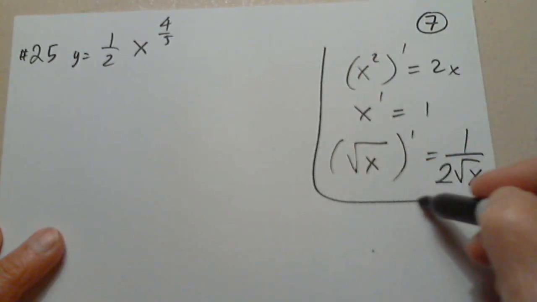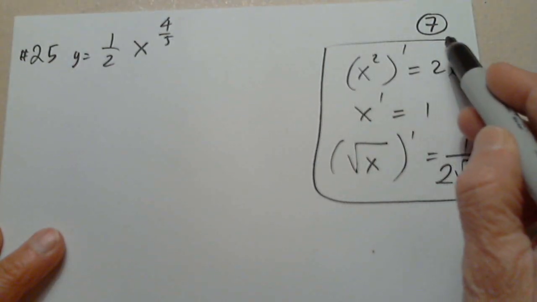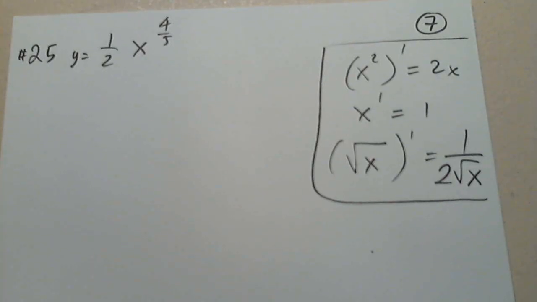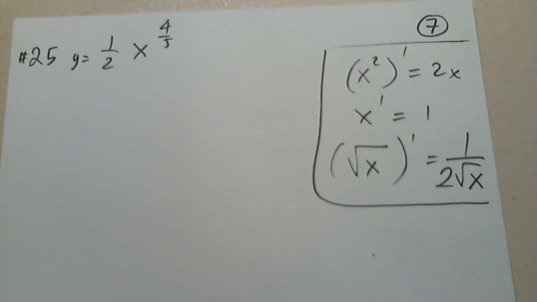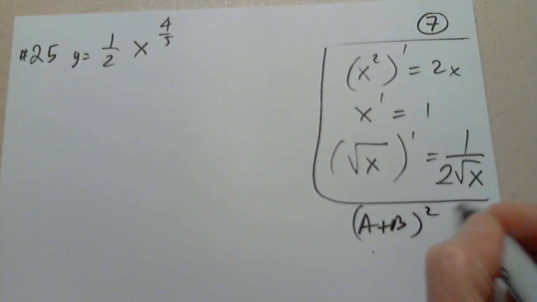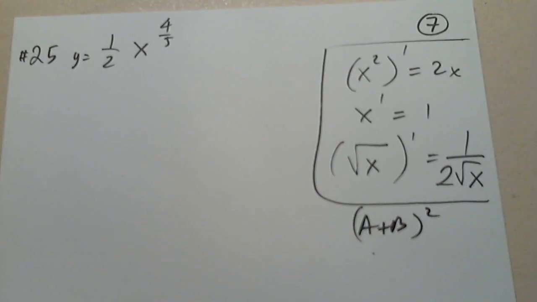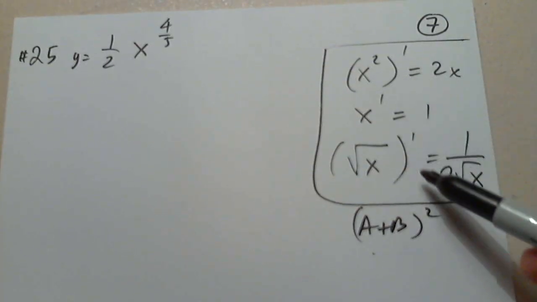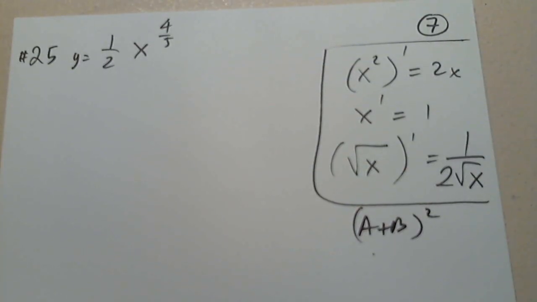So please carve these in stone. And review and review and repeat. It's like the a plus b squared. If we did not learn it 3 weeks ago, we're going to have a hard time forever. So please review and repeat these forever, so you don't have to get stuck.